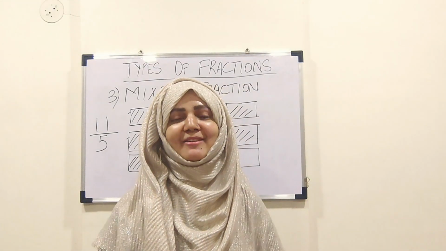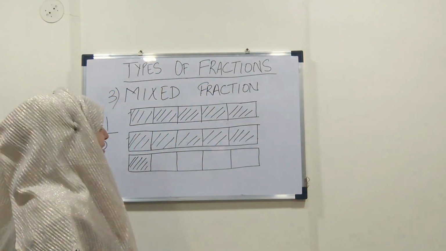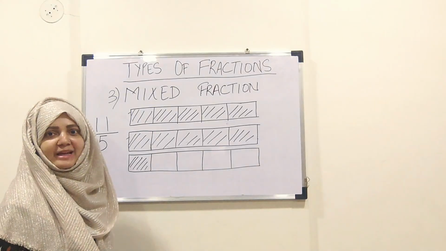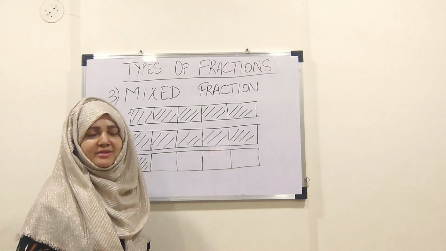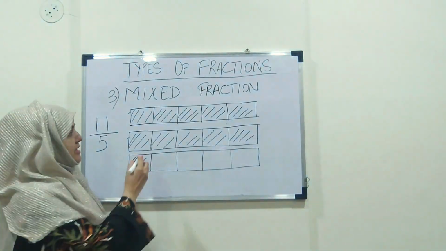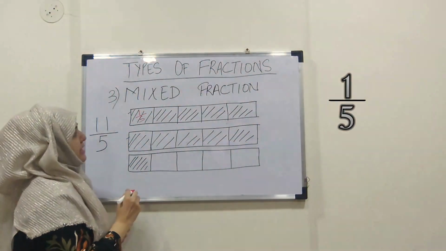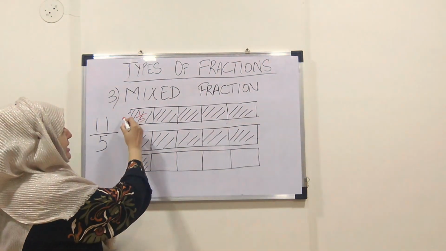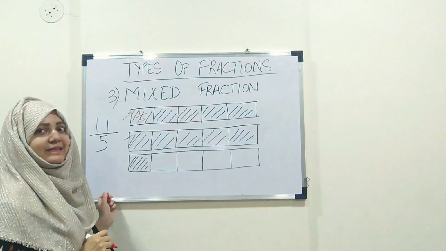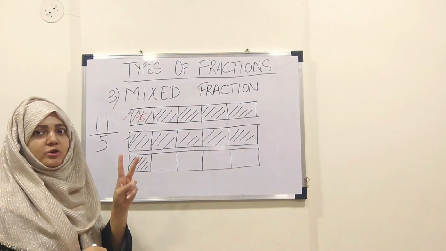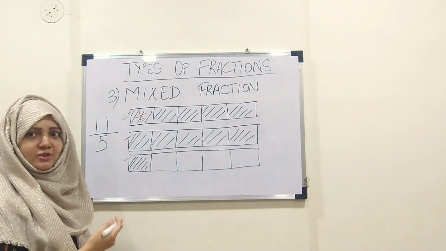Let's see how 11 by 5 can be written as a mixed fraction. Here I have 3 chocolates and I have divided each chocolate into 5 equal pieces. So the size of each piece is 1 by 5, correct? Here you can see I have eaten one whole chocolate, then again I have eaten one whole chocolate. That means I have eaten 2 whole chocolates and a piece from the third chocolate.